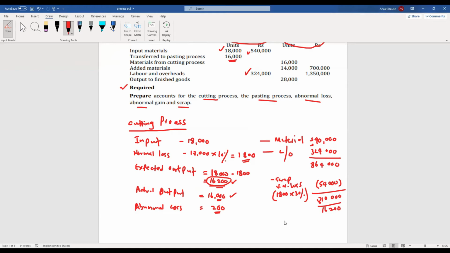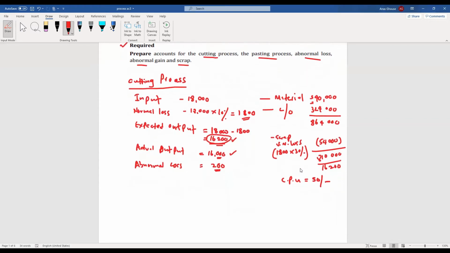So our cost per unit will be rupees 50 per unit. This is the cost per unit calculation. Now the actual output and the abnormal loss have to be valued at the rate of 50.